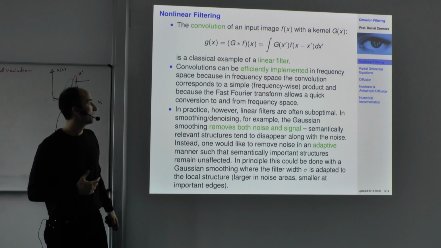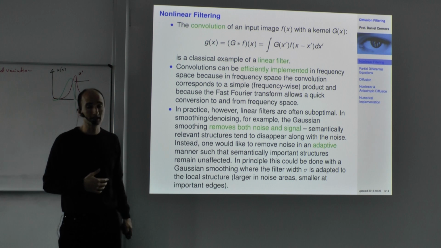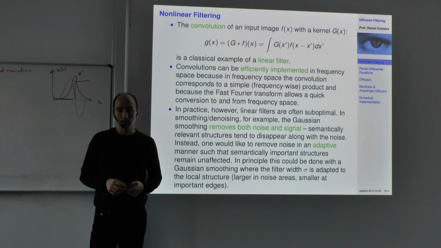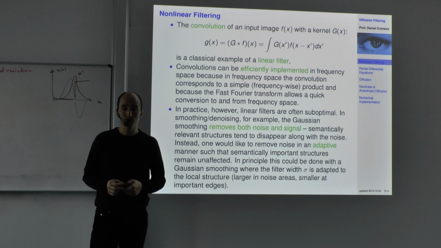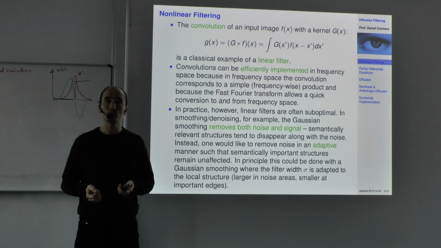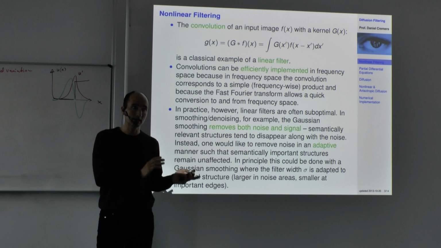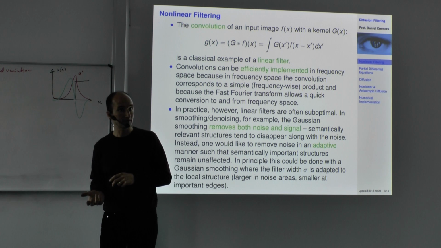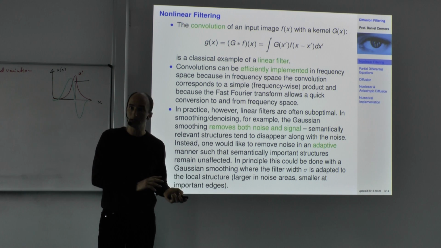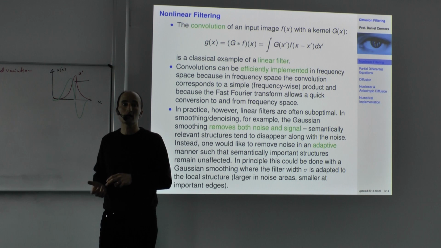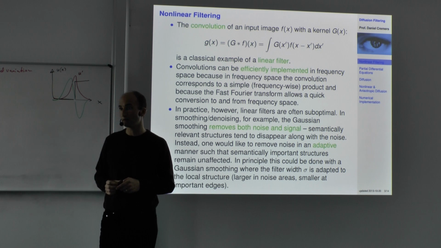In practice, however, linear filters are often suboptimal. They remove noise, and this is good, but they also remove the signal. So they create a substantial blurring. We already saw that in the last chapter in the comparison between the Gauss filter and the median filter. Gauss filter being a linear filter, the median being a particular nonlinear filter.